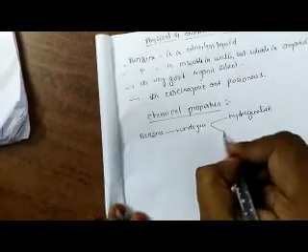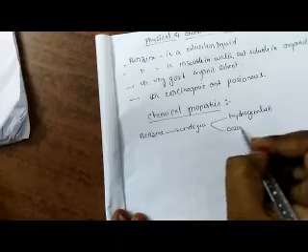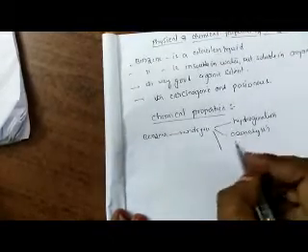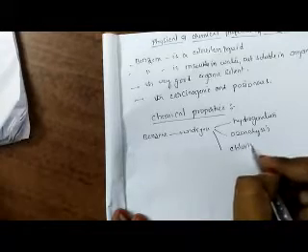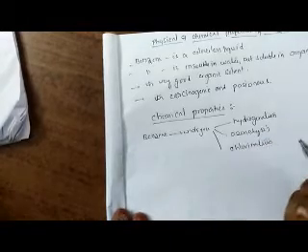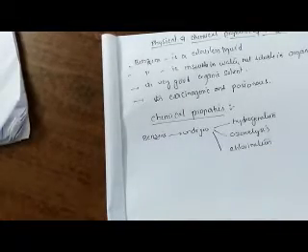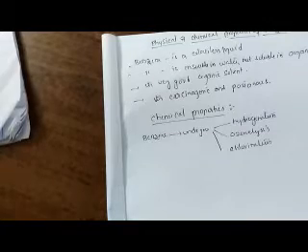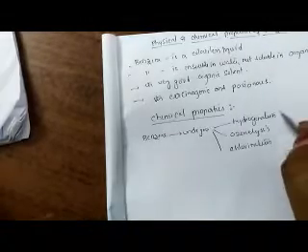It undergoes ozonolysis. It undergoes chlorination. These are the various chemical properties of benzene. The major reactions are hydrogenation, ozonolysis, and chlorination.